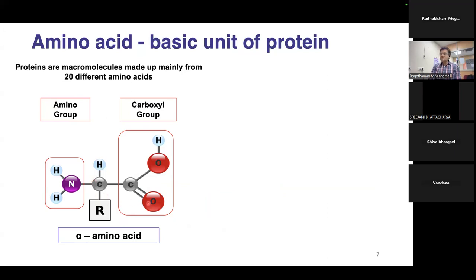Now, there are about 300 other amino acids that are seen in nature. Some of them are not seen in nature, but these other amino acids are the D amino acids, unnatural amino acids. They are modified forms of one of these 20 amino acids.